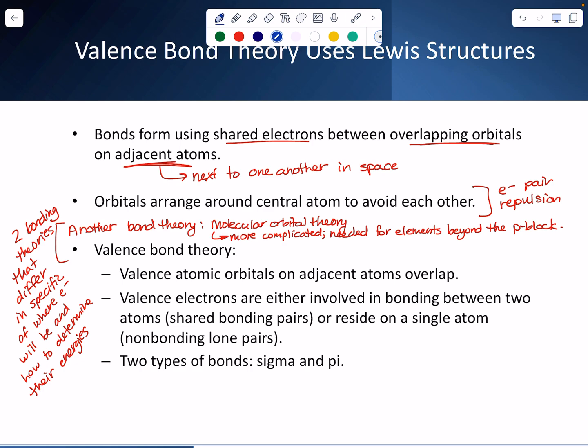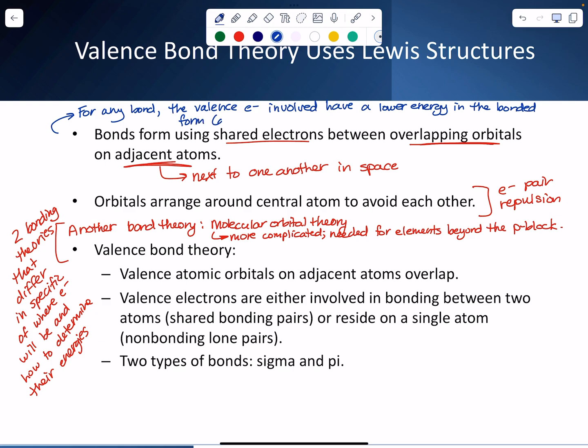So for any bond, the valence electrons involved, and it doesn't matter which theory you're using, have a lower energy in bonded form, as opposed to just being in an isolated atom.